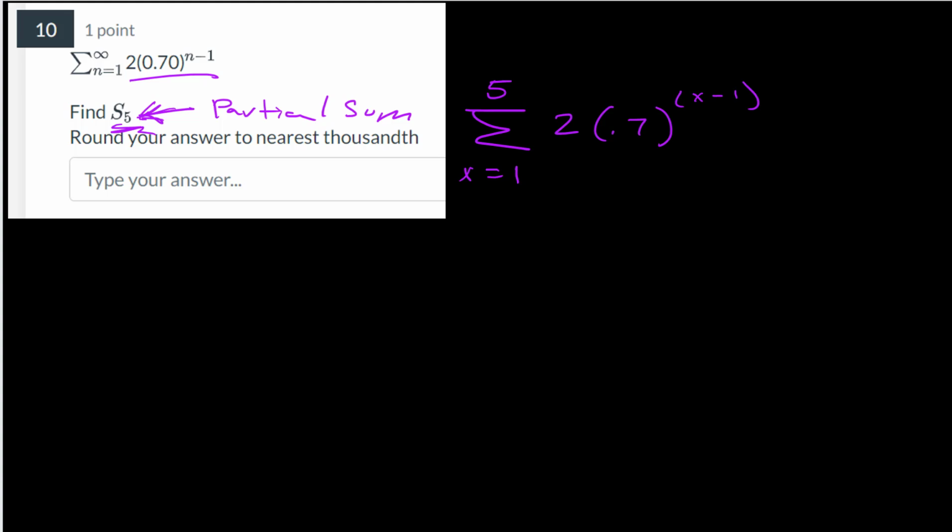So when you type that in for number 10, you get a partial sum of 5.5462. So that is going to be your answer that you type in. It says round to the nearest thousandths, so that is 3 decimal places. If you go a little bit further, that is okay as well.